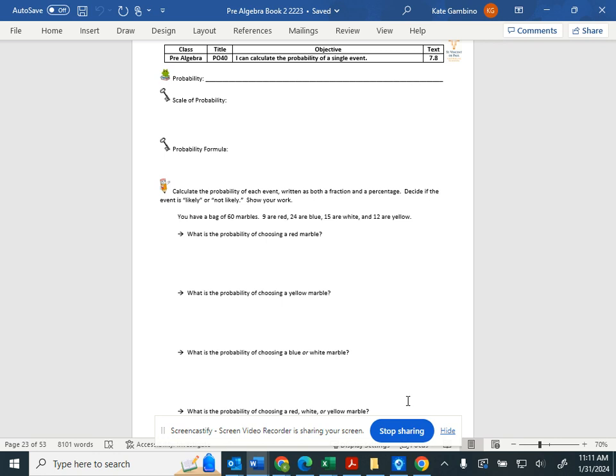I can calculate the probability of a single event. So probability is the likelihood of an event occurring.